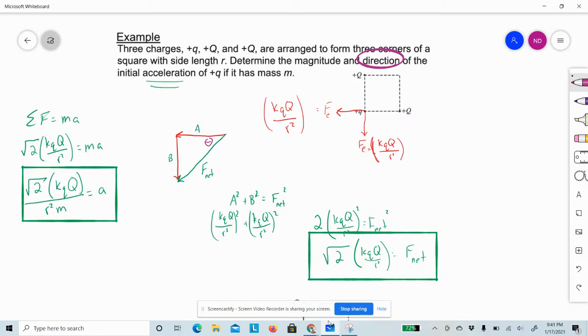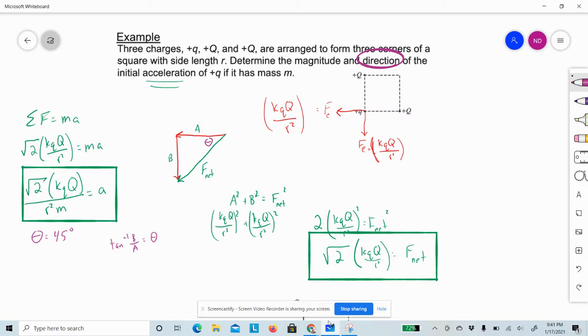Now, because the magnitudes are exactly the same, you can kind of reason that theta is going to be 45 degrees, but you could go tan inverse of B divided by A, right, equals theta.